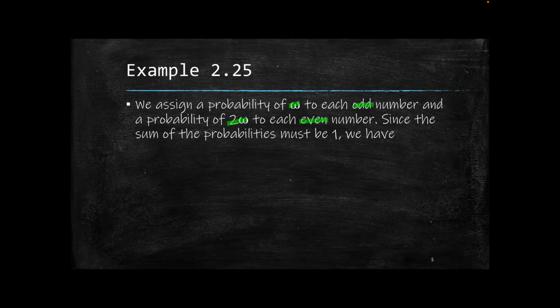Since the sum of the probabilities must be 1, we have 9w equals 1, or w equals 1 over 9. Hence, probabilities of 1 over 9 and 2 over 9 are assigned to each odd and even number respectively.